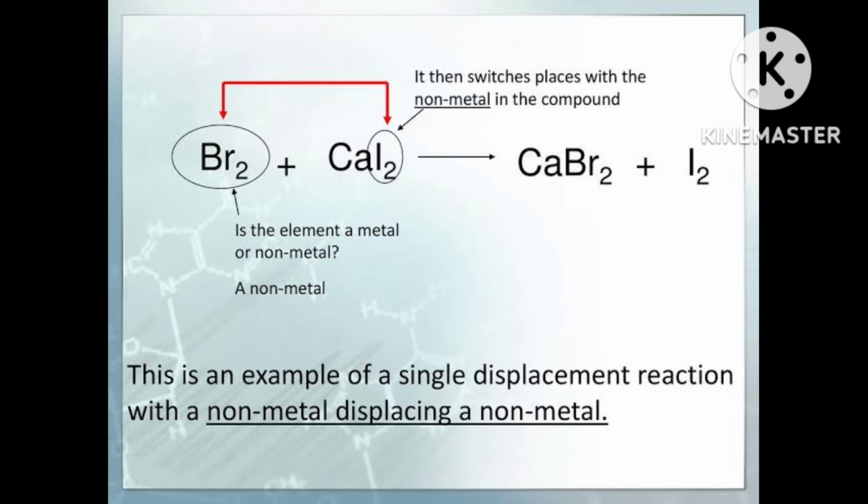Suppose Cl2 is dissolving into the bromide ion, then it will form 2Cl minus plus bromine. 2Br minus was there, and it will convert to Br2, bromine, whose oxidation state is 0.